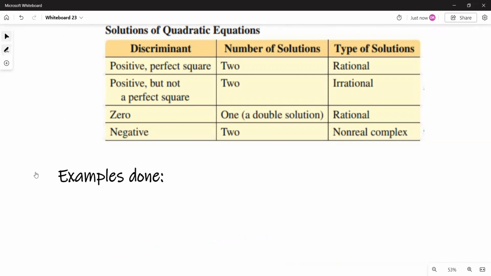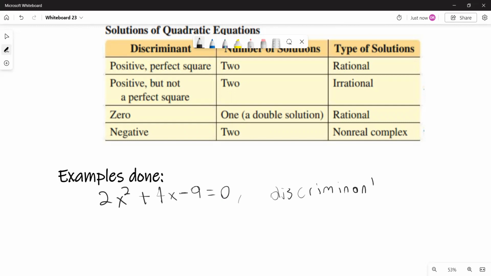First, we did 2x squared plus 4x minus 9 equals 0, and the discriminant was 88, which is positive, but it's not a perfect square. So that had two irrational solutions.